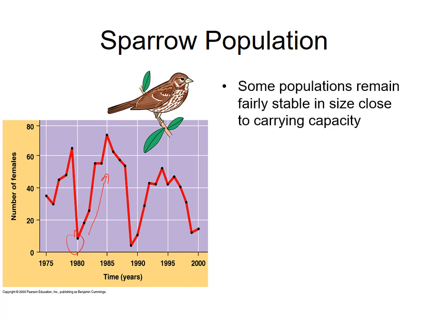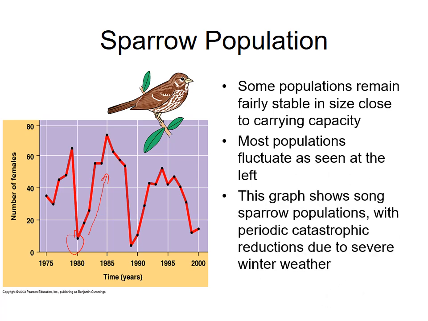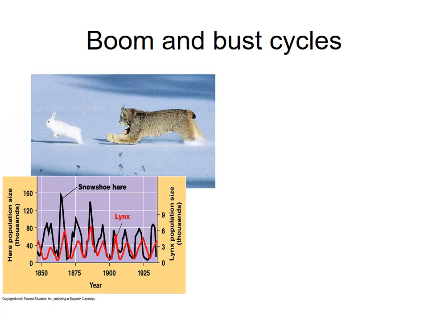Some populations remain very close to their carrying capacity. Most populations fluctuate, as you see over here. Boom and bust cycles. You can see that predator and prey are going to be very closely linked to the food that's available.